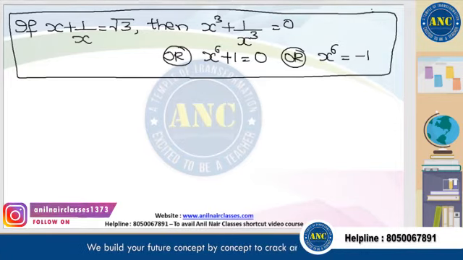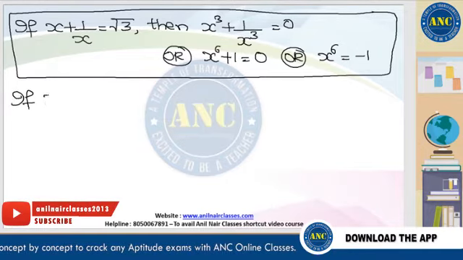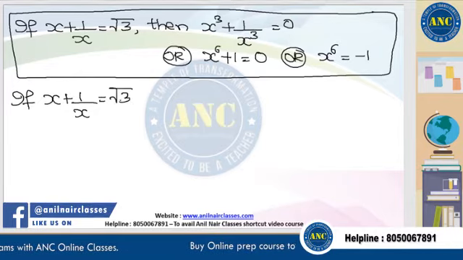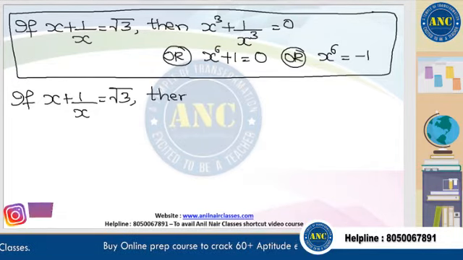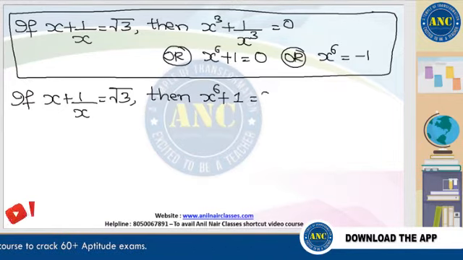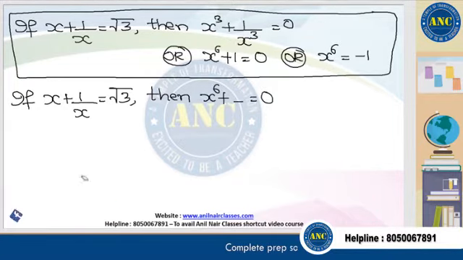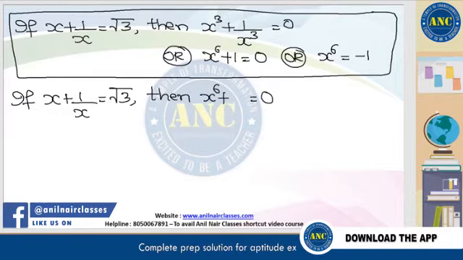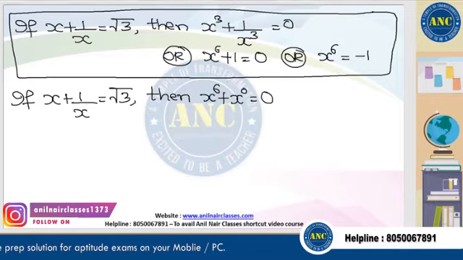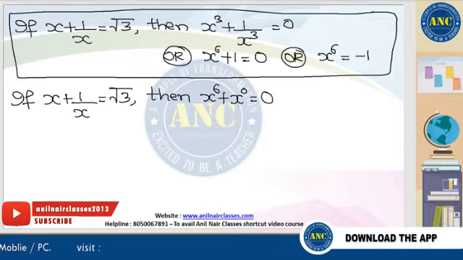Now see here, sir. Just now we gave one important observation. That observation is if x plus 1 by x is equal to root 3, then, as I wrote above, x power 6 plus 1 is equal to 0, right? Now, instead of writing this as 1, 1 can also be written as x power 0. 1 is also nothing but equal to x power 0. That means, can I say that x power 6 plus x power 0 is equal to 0?